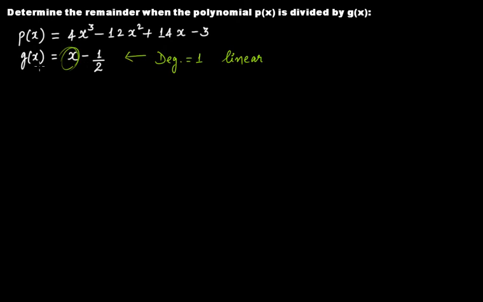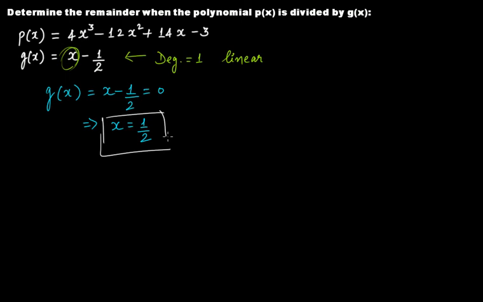So what's the zero of this polynomial? In order to find it, equate g(x) to 0. So g(x) is equal to x minus 1/2 is equal to 0. From here you get x equal to 1/2. Now x equal to 1/2 is the zero of the polynomial g(x).